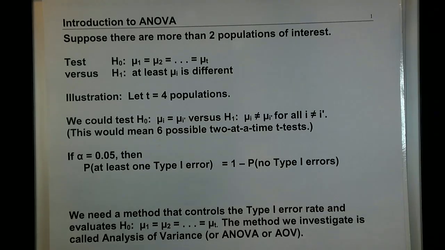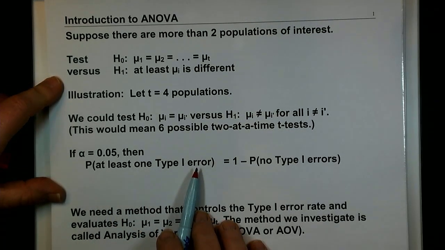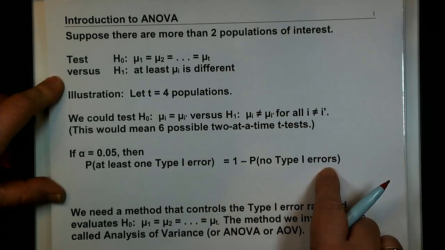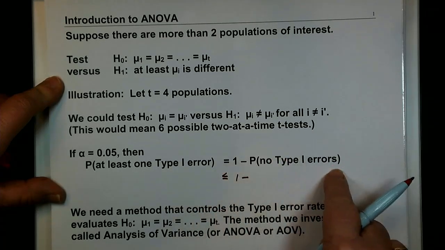Our actual type 1 error rate, then, would be having at least one type 1 error in, say, 6 tests. We would end up with 1 minus the probability of no type 1 error. So it's actually less than or equal to 1 minus the probability of no type 1 error.